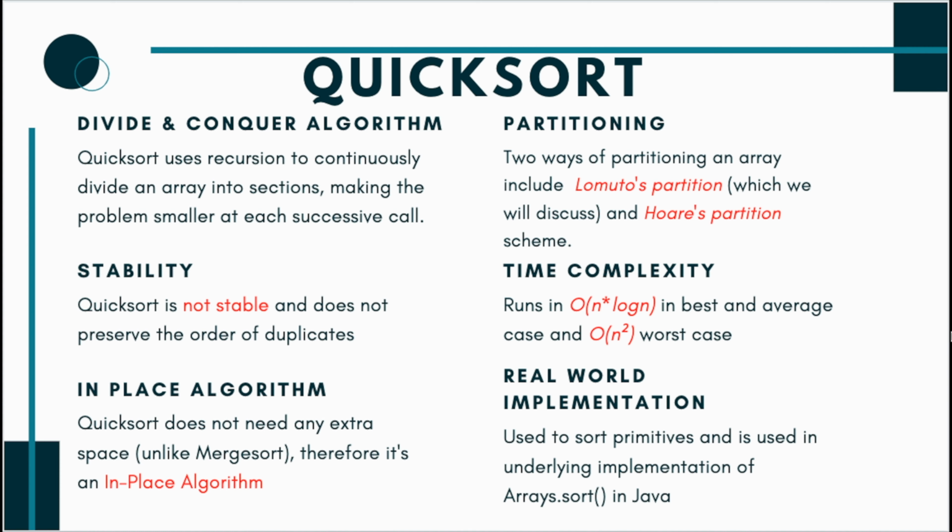Quicksort is a divide and conquer algorithm which uses recursion to continuously divide the array into sections, making the problem smaller at each successive function call. So when a function is placed on a stack, with Quicksort, there's going to be an overall problem. And then it's going to break the problem down after getting a partition index, which I'll show you later.